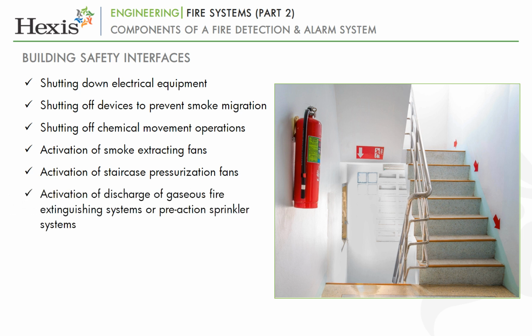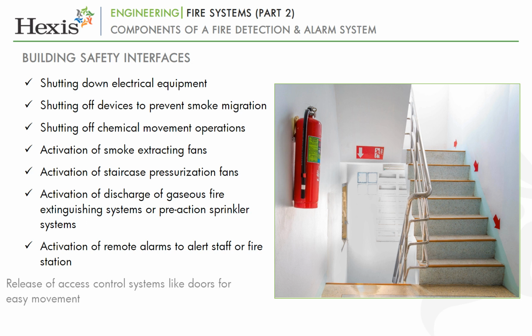These systems can also activate discharge of gaseous fire extinguishing systems or pre-action sprinkler systems. Remote alarms can be set up through the output devices, including automated messages to concerned staff or fire station. Release of access control system on doors or exit doors to facilitate free movement of occupants.